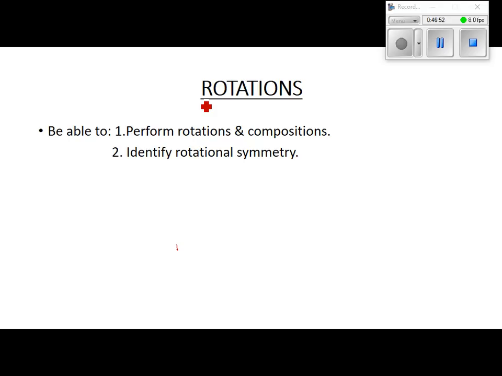Identify rotational symmetry. Because we're probably going to run out of time as usual, I'm going to go over rotational symmetry right now. Rotational symmetry is if I take a shape like this rectangle, and I have something on it, a pin. Last night when I was building something, I used a nail to put in the center of my shape.